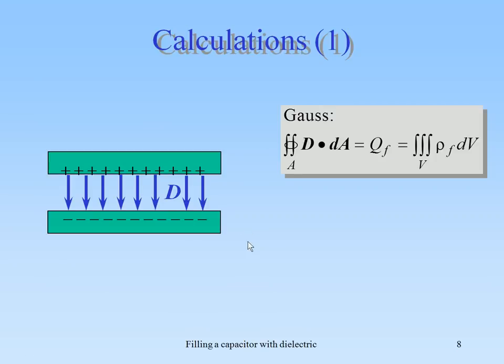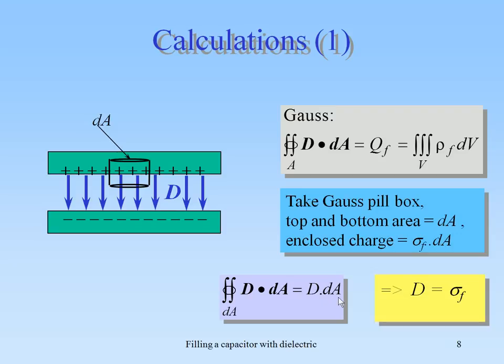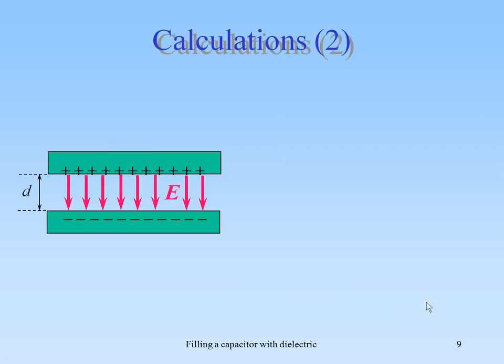First, Gauss. Let's take a so-called pillbox with top and bottom. The surface area is dA and the enclosed charge is sigma free times dA. And then the surface integral over the displacement reduces to the scalar D times dA, and it means that the displacement is equal to the free charge density.